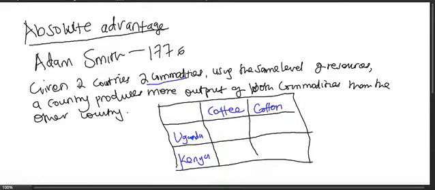So given two countries, Uganda and Kenya, producing two commodities, coffee and cotton, and of course they're using the same level of resources, that's the assumption. One country produces more output of both commodities than the other country. According to Adam Smith, he assumed that labor is the only factor of production or the only input.